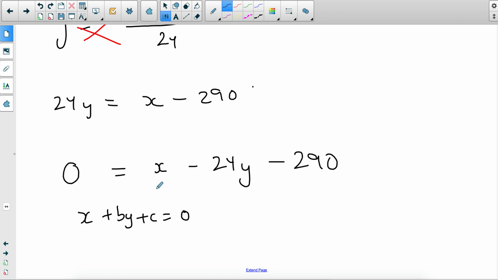Doesn't matter how we've written it, as long as it's 0 on one side and x is positive and then everything else, which means b is the coefficient of y, and that is negative 24, and c is just the constant here, so that's negative 290.